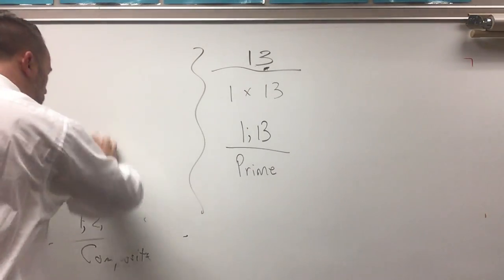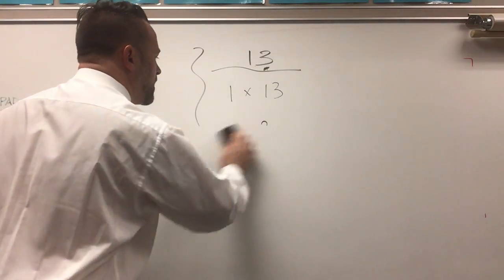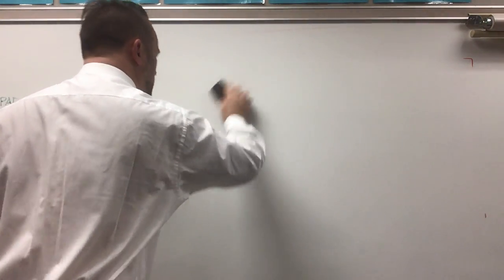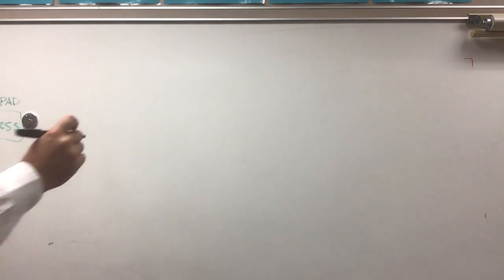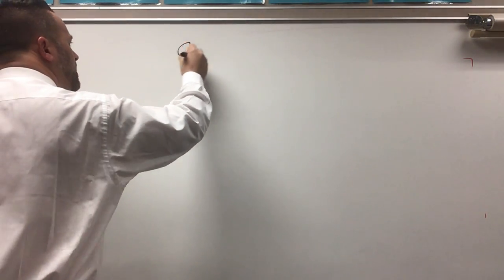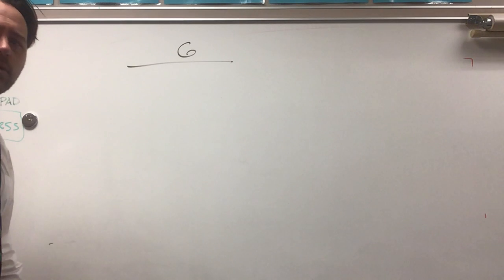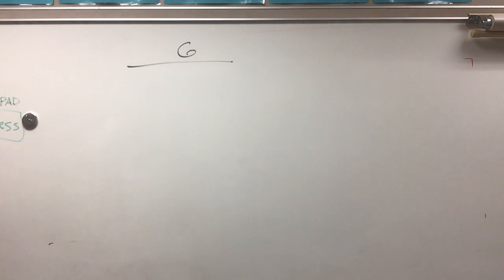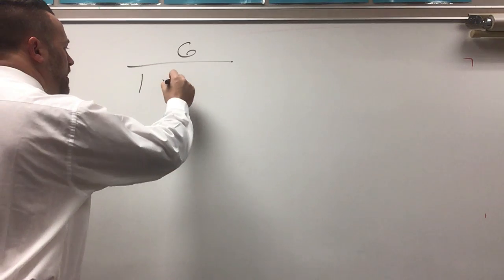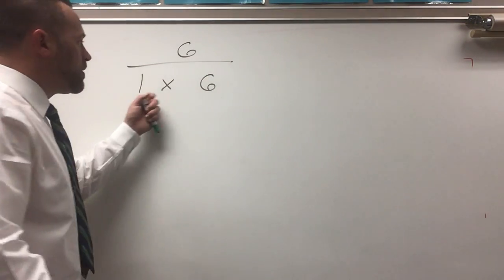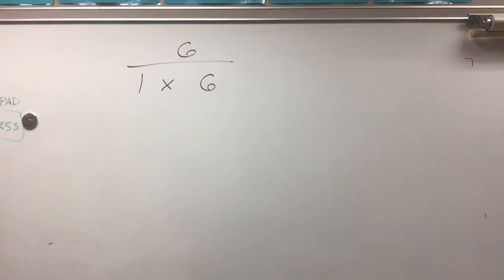We're doing one more for practice. You come up with them. Come up with the factors for 6. Easiest ones, 1 and 6, right?